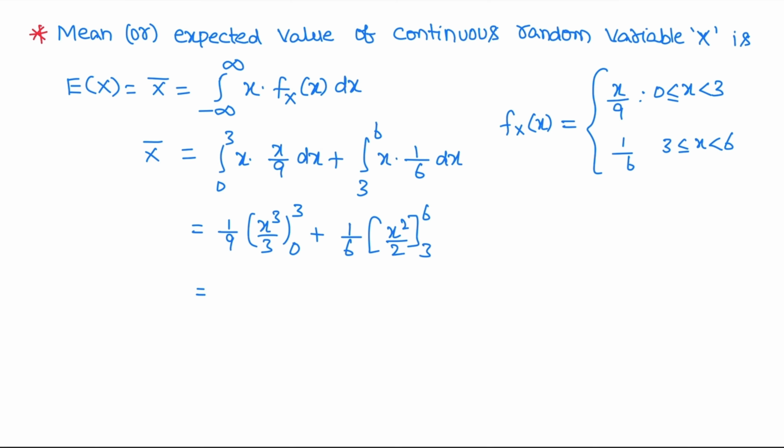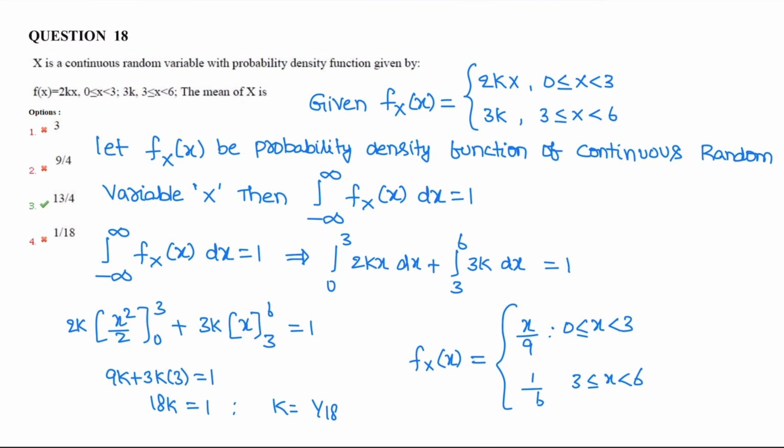So its value is 1 plus 9 by 4, that is 13 by 4. So the mean value of the given function x is 13 by 4. So the correct option is option 3. In the question, first we need to calculate the value of k.